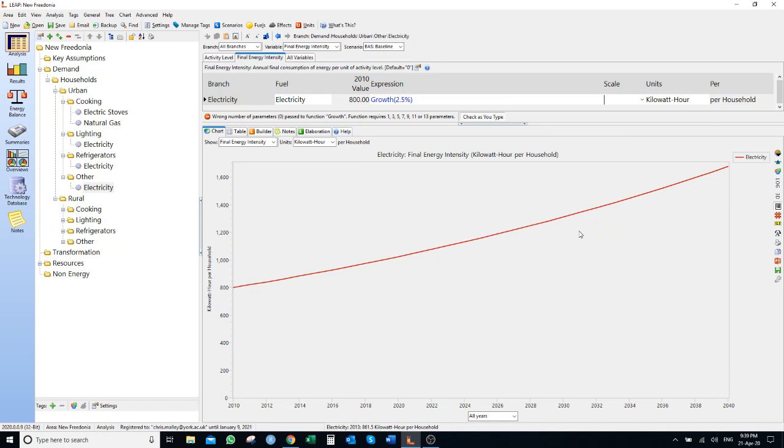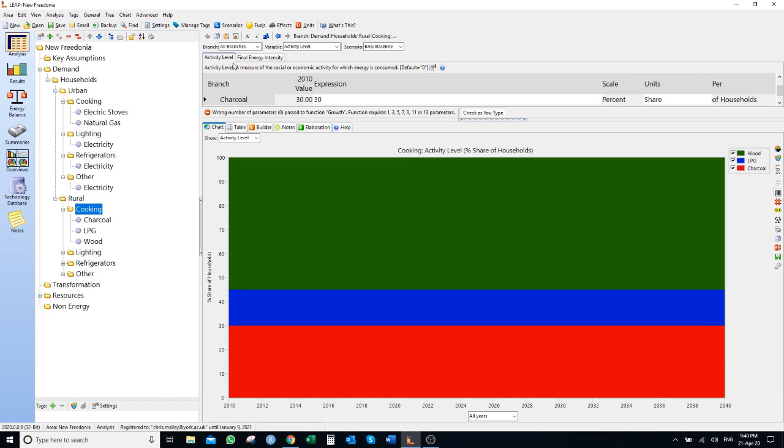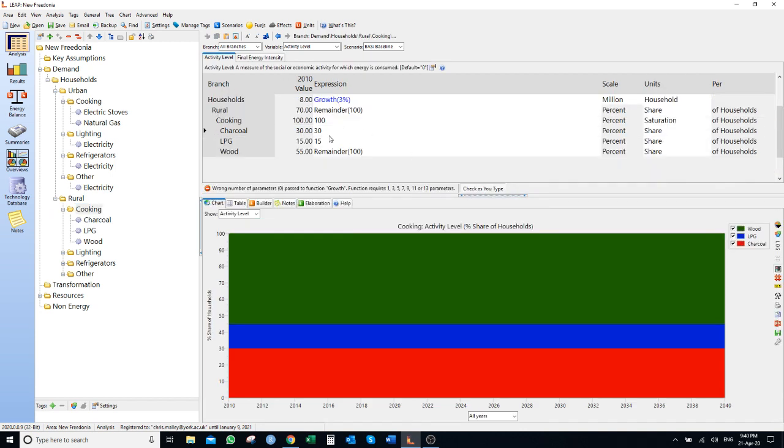For rural households, the share of cooking devices in rural households changes so that by 2040, 55% of households use LPG and 25% use charcoal stoves, and the rest, wood. So this is under our activity level, and we want to say that by 2040, 55% of households use LPG.